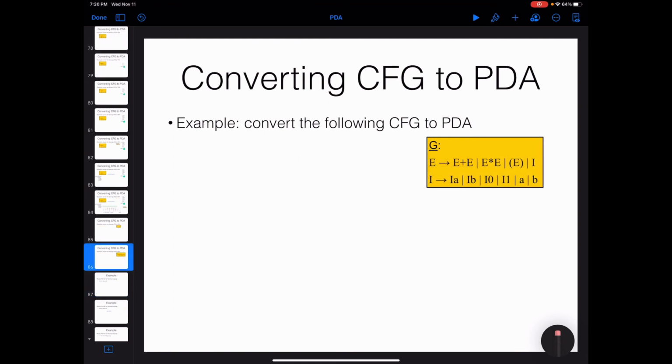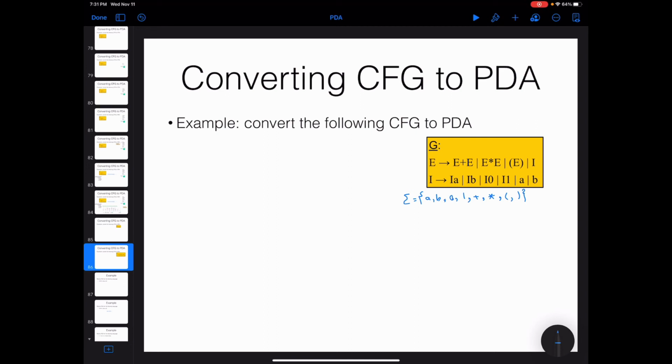Let's see another example. Remember this grammar. This grammar was generating arithmetic expressions with a very limited form of the identifiers. So here the set of terminals, or input alphabet, is going to be A, B, 0, 1, plus, star, open parenthesis, and close parenthesis.